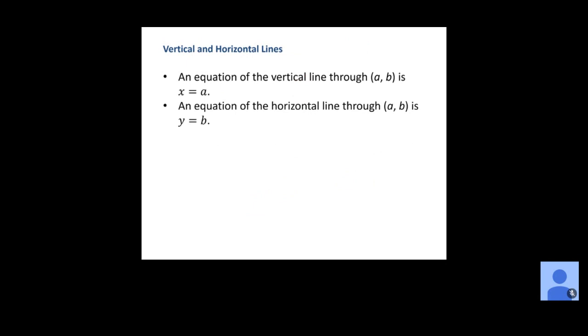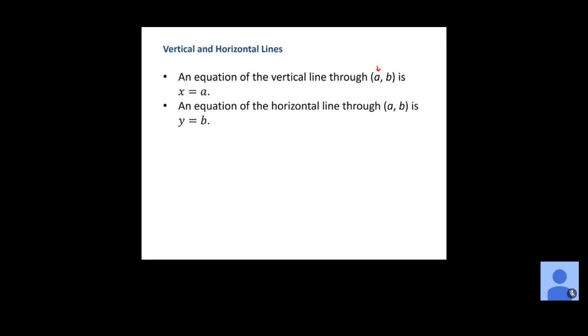All right. Now, if we have a vertical line, its equation through a point (a, b) is just going to be x equals a. So basically, we're just looking at what is the x value of the point that we're trying to go through, and we're going to write our equation as x equals that value. Because everything along that vertical line would have an x value of whatever a is, every single point on that line.